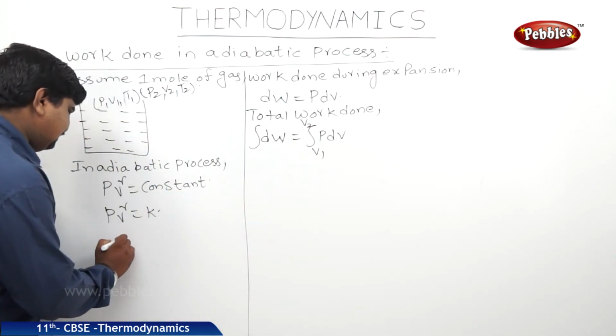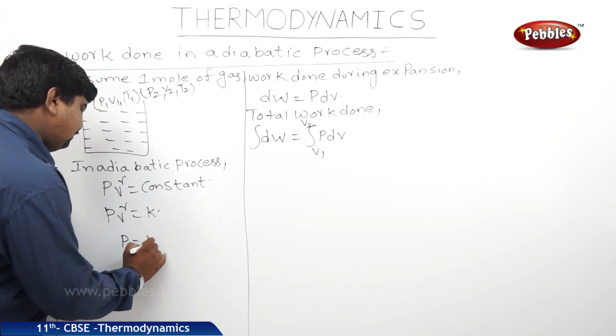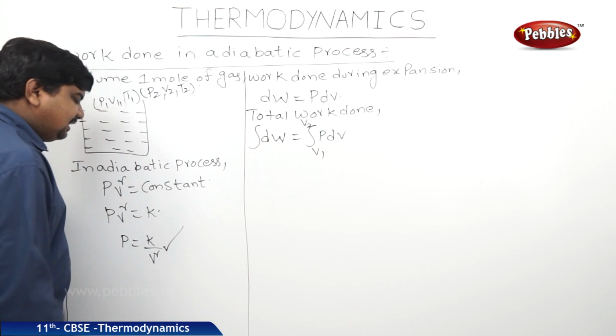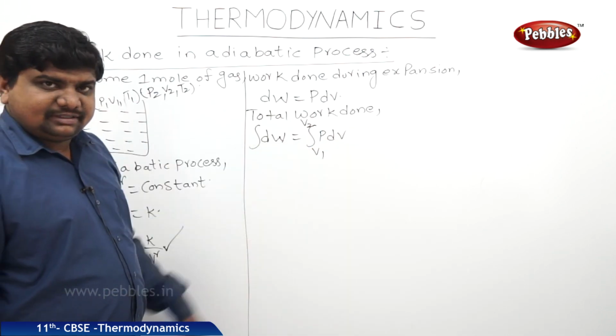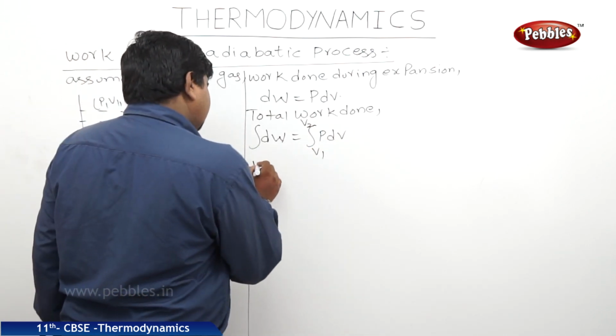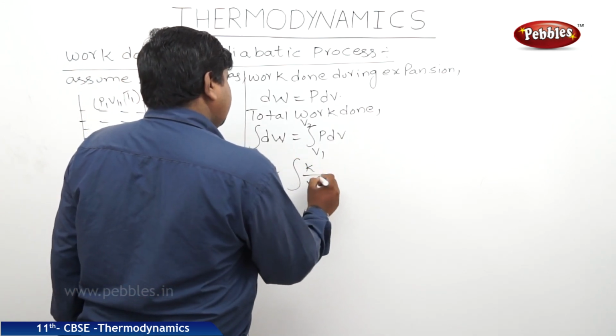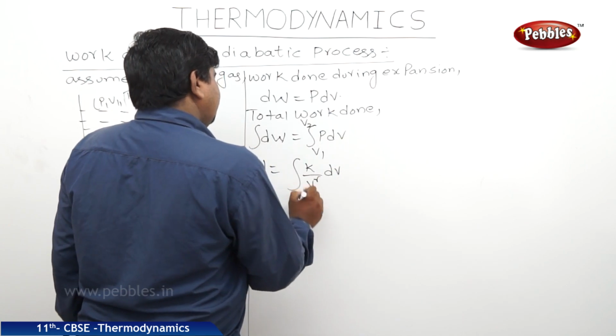So if you see here, we can write P is equal to K by V power gamma. Now I am substituting this in the expression. So work done is equal to integral K by V power gamma dV from V1 to V2.